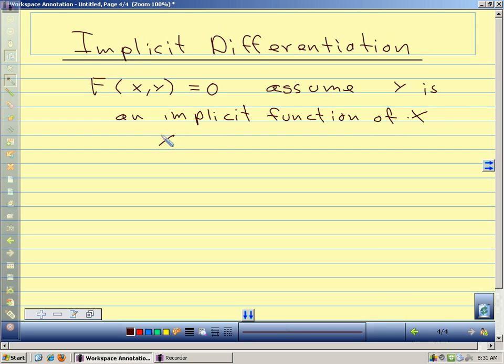So we're saying y equals some function of x.